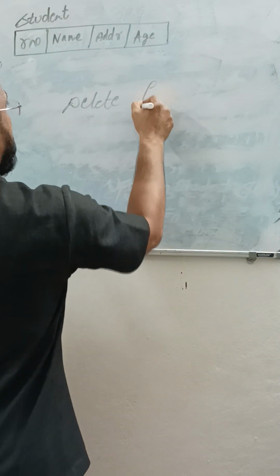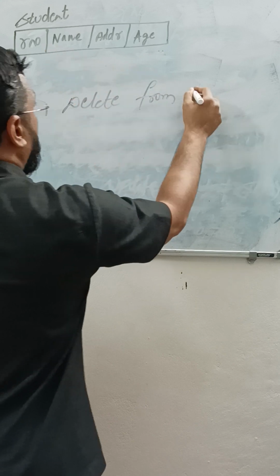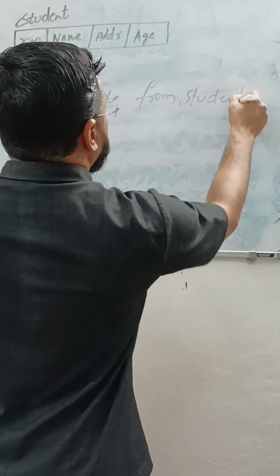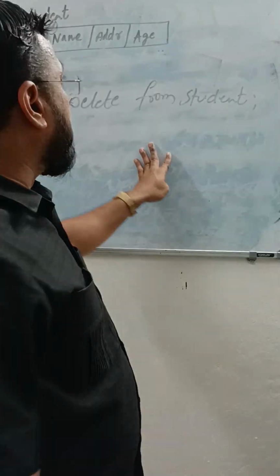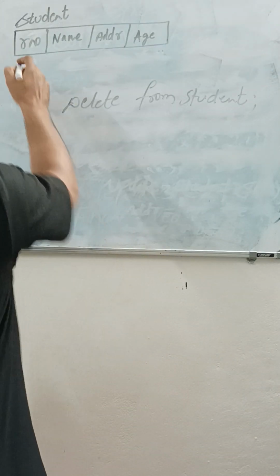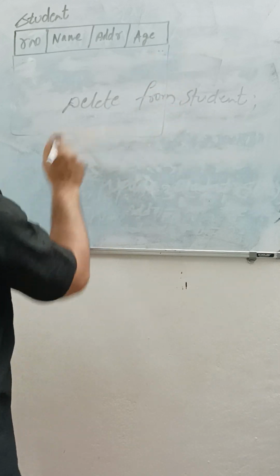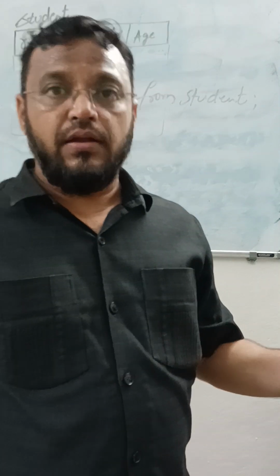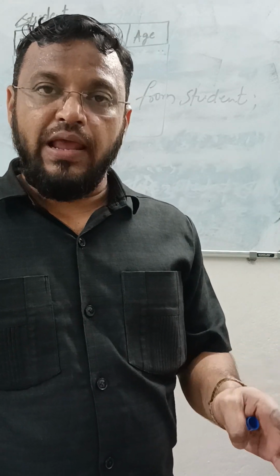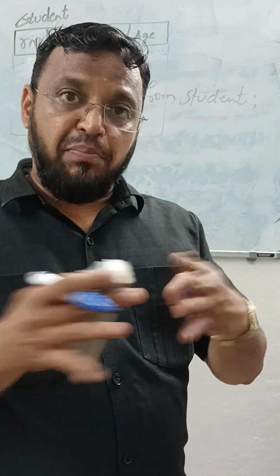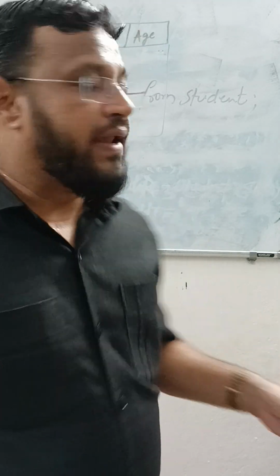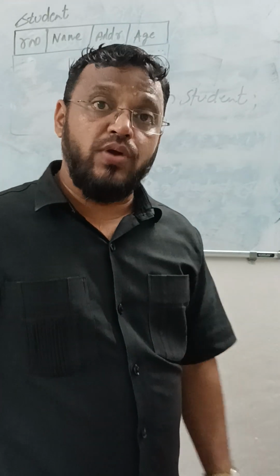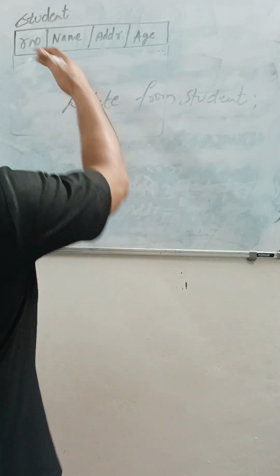For example, if you write delete from student, what will happen is all the data in this particular table will be deleted. The table will still exist. Whatever columns are there, all those records, the tuples, will be deleted if you use the delete from student command.